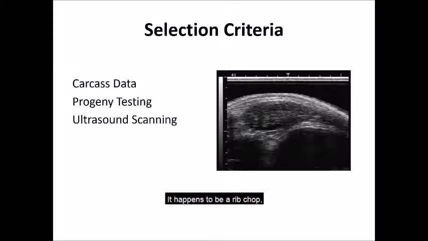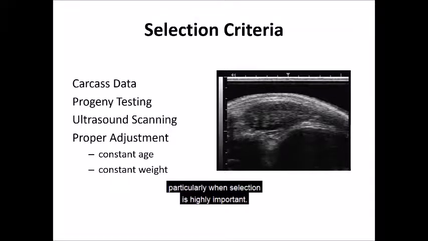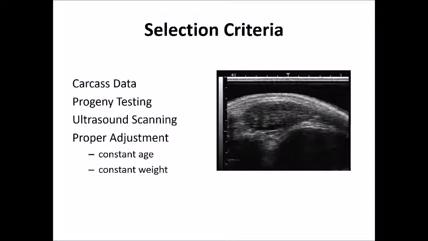Happens to be a rib chop, where we can see the bright echo of back fat thickness at the top of the image and the darker loin muscle, an oval shape in the center. Measure those, interpret those, and I have essentially carcass data on a live animal that I can still use for reproduction. And that's pretty handy in a breeding program, particularly when selection is highly important.